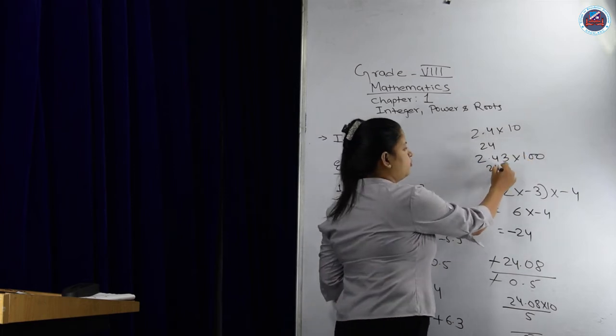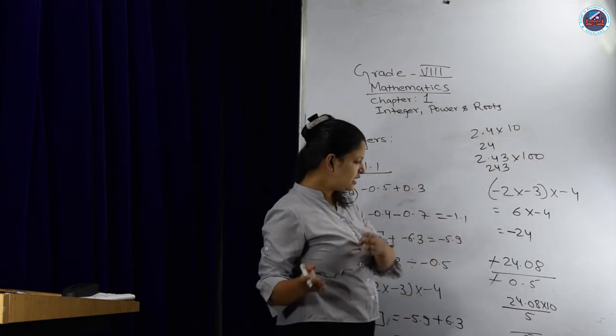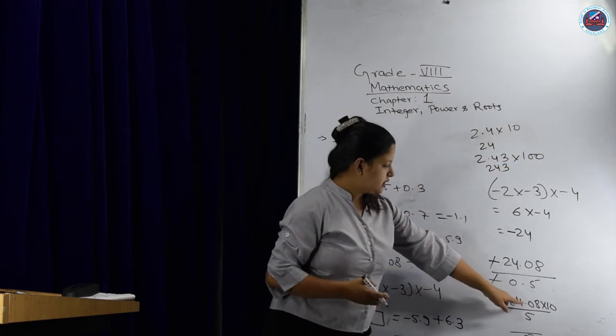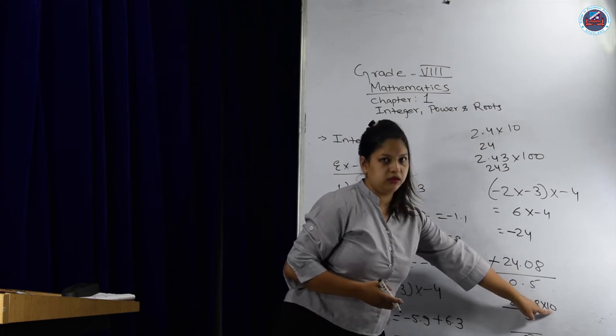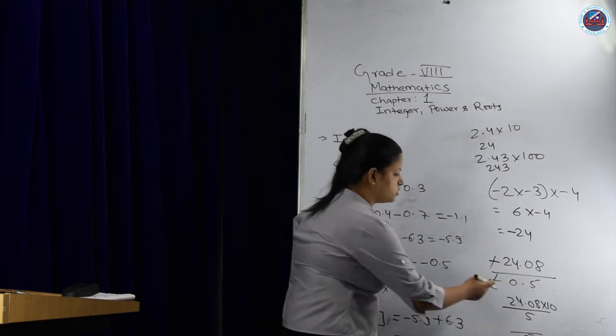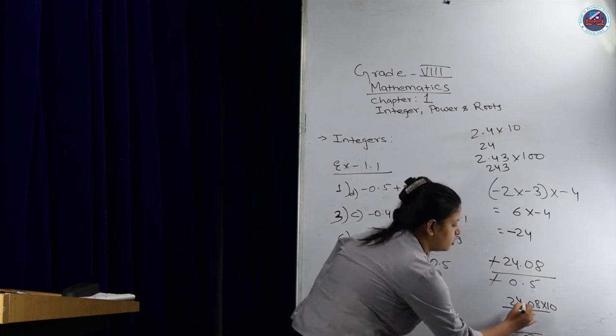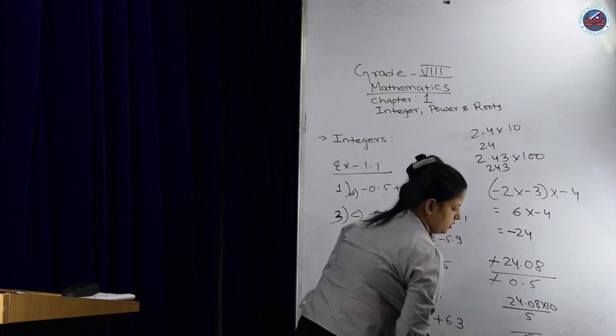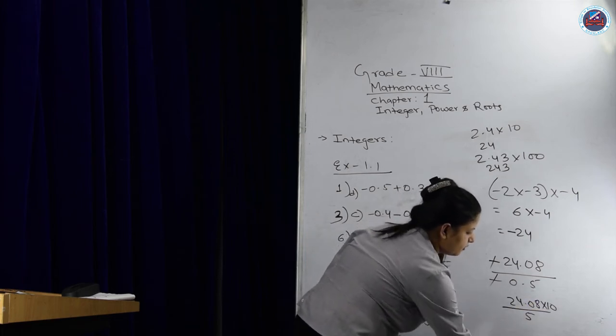That means it would be 243. Same case if you check here. This number is multiplied by 10, so obviously the point will go after 1 digit. That means it would be 240.8 divided by 5.